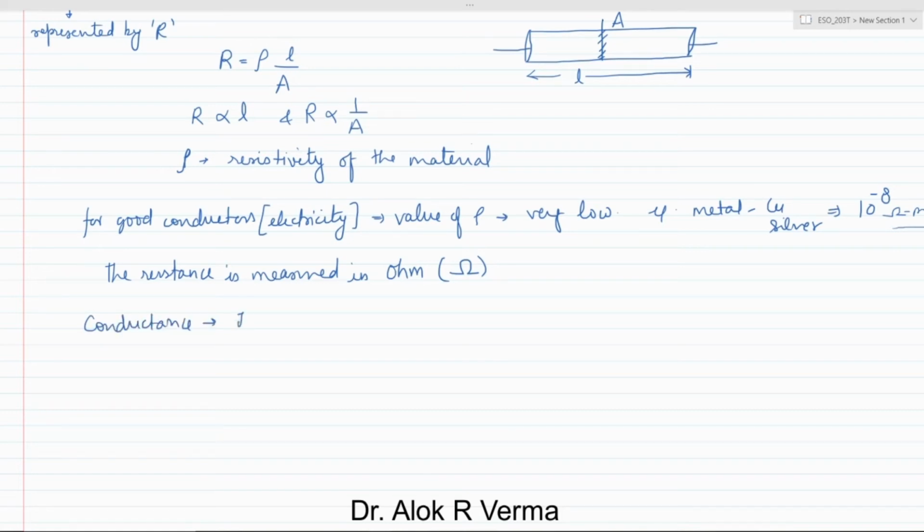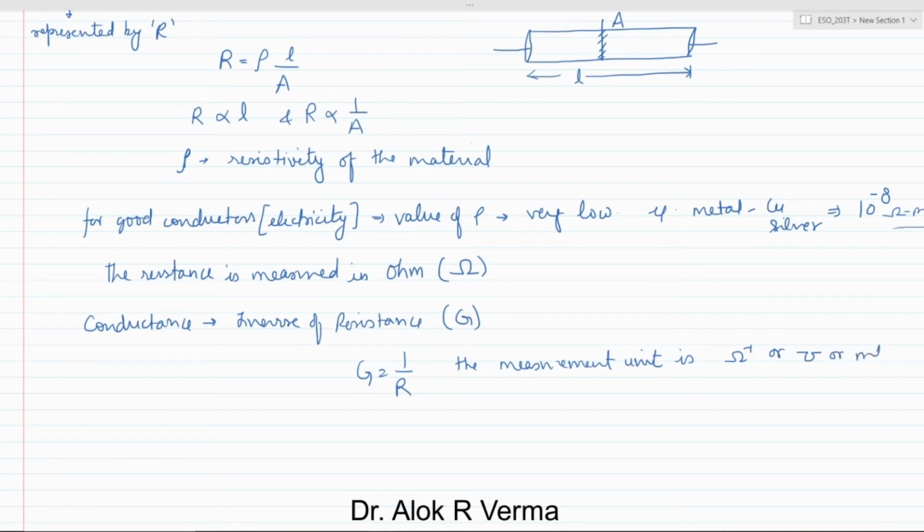And one more property which is conductance. It is the inverse of resistance, which is represented by G, and G is nothing but 1 by R. The measurement unit is ohm inverse or mho, inverse omega or mho.